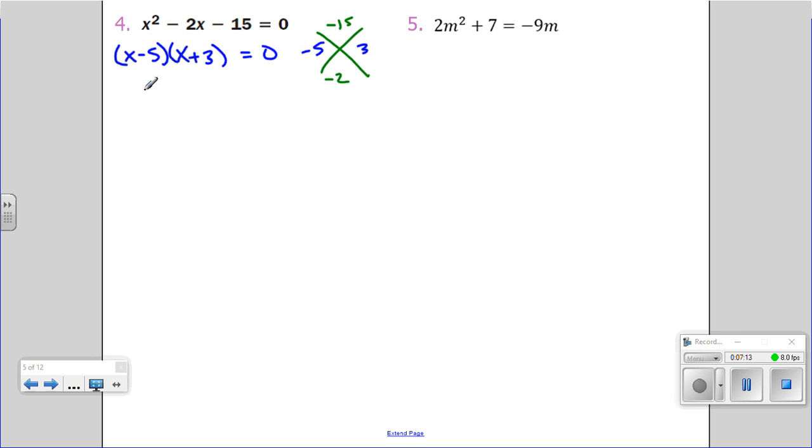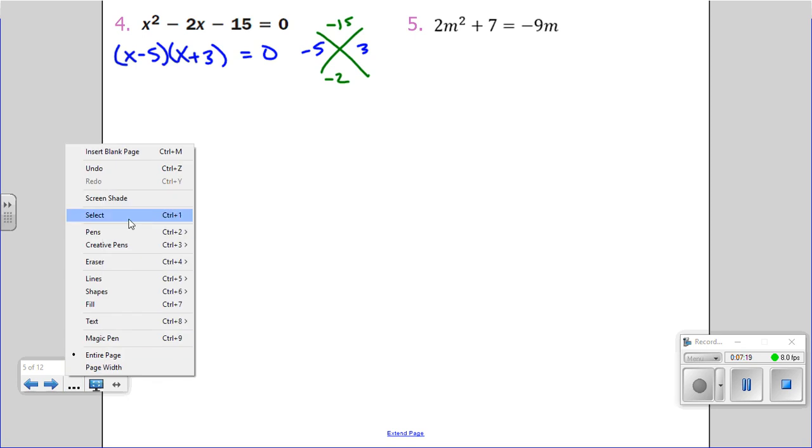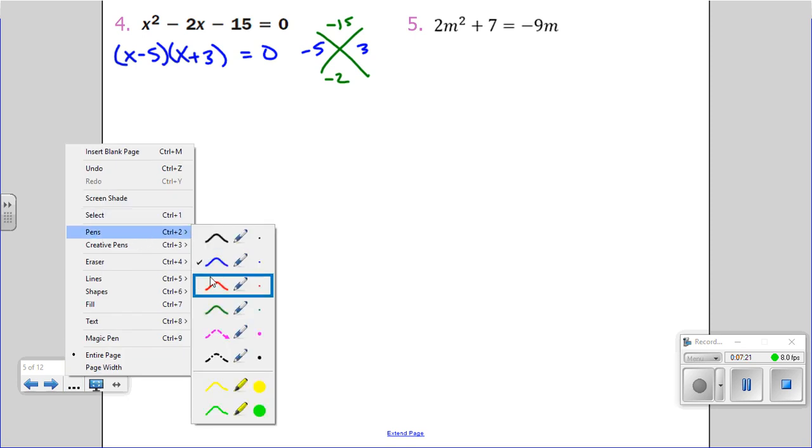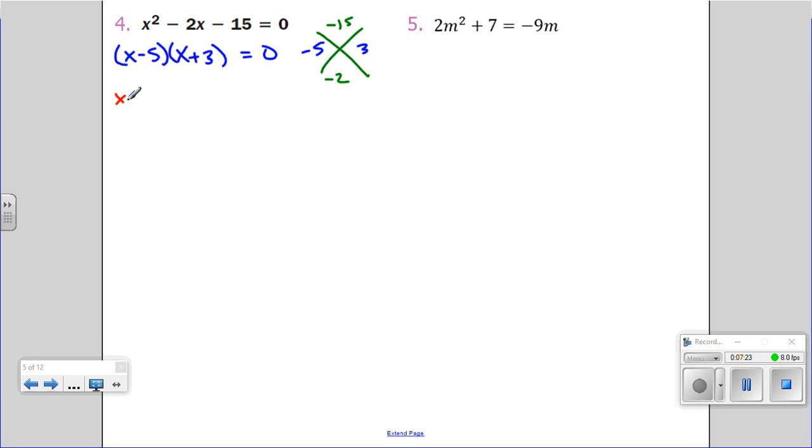So now we apply the zero product property and take each binomial out of the parentheses. So x minus 5 and then equal it to 0. And we're going to take x plus 3 out and equal it to 0 and solve. So when I add 5 on this one, x equals 5.